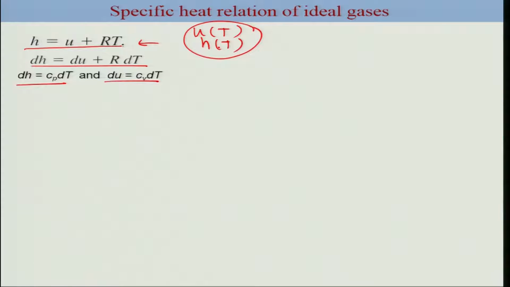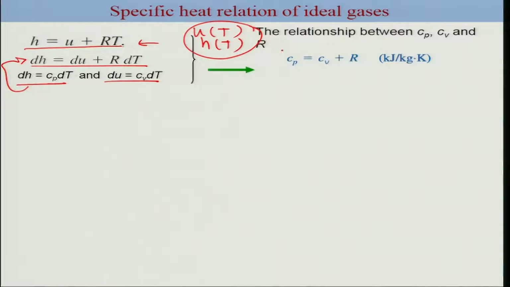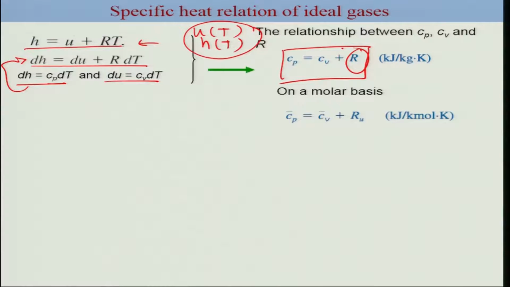Thus, you can obtain a relation between Cp and Cv by plugging this here. So what you get is a relation of Cp and Cv. You can obtain Cv, and from there you can also get Cp, but these are related by the gas constant. Now this you can write also on a molar basis.